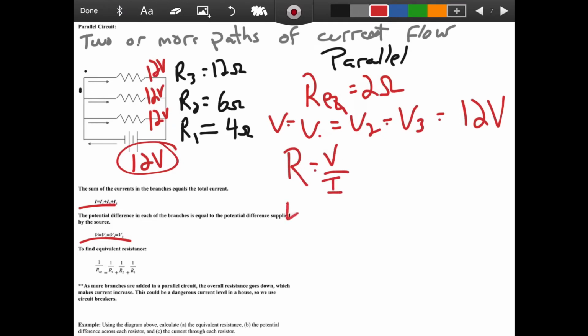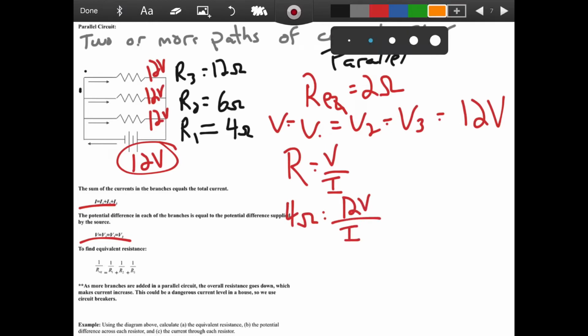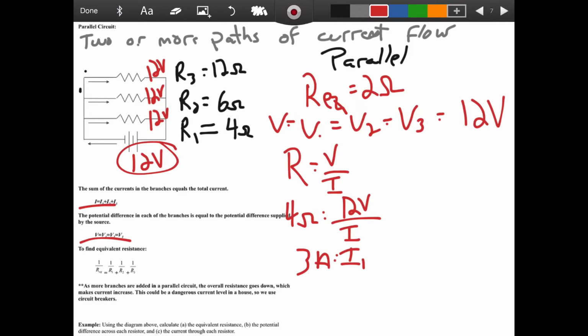Take the first one, for example. We have 4 ohms equals 12 volts over I. I'm going to set it up for the 3 different resistors. So for this one, I would get 3 amps of current, and that would be I1. Use a different color for I2. Where now the resistor 2 has a value of 6 ohms, still 12 volts because it's a parallel circuit.